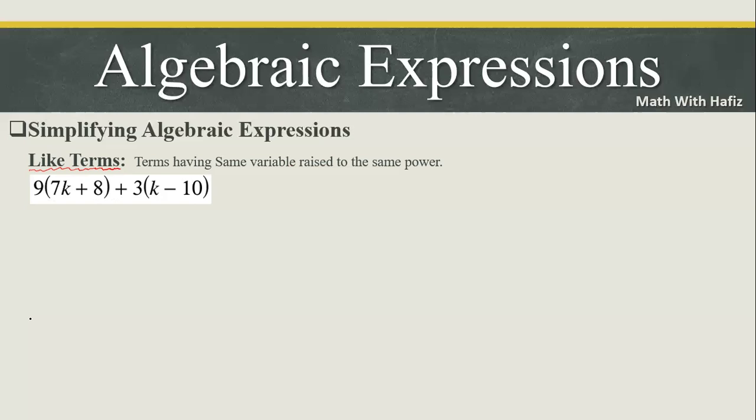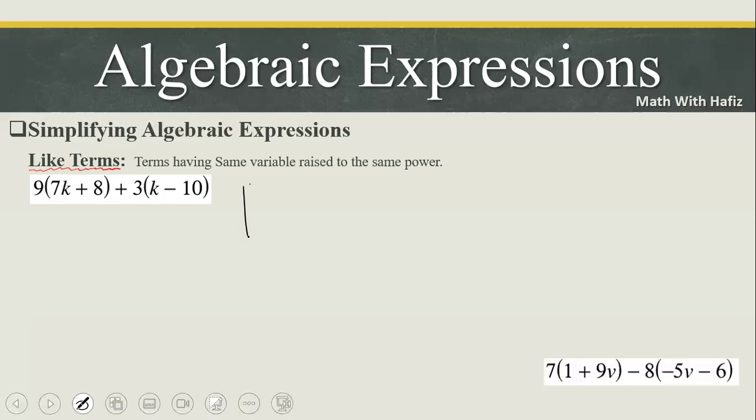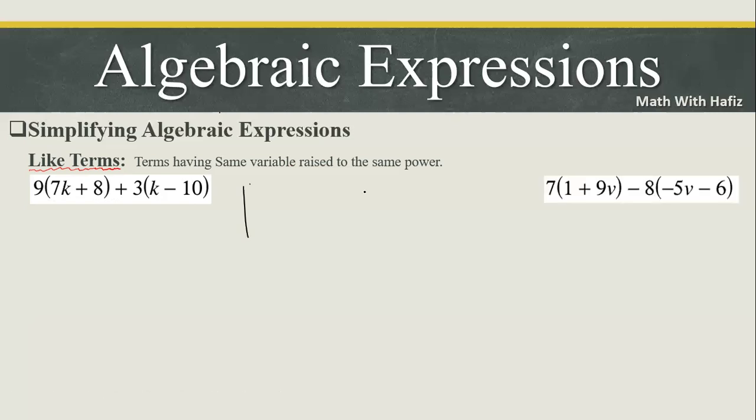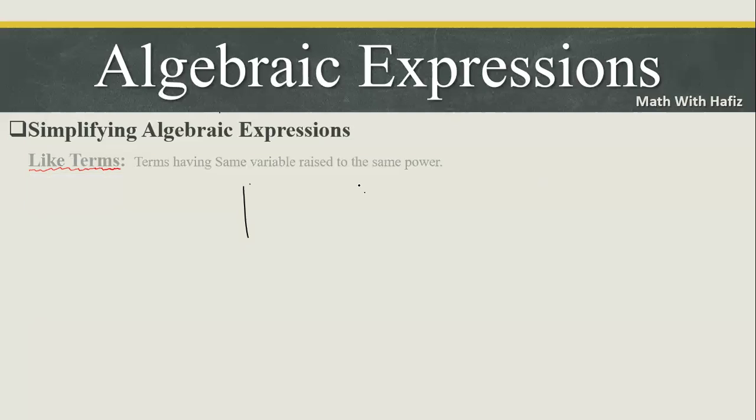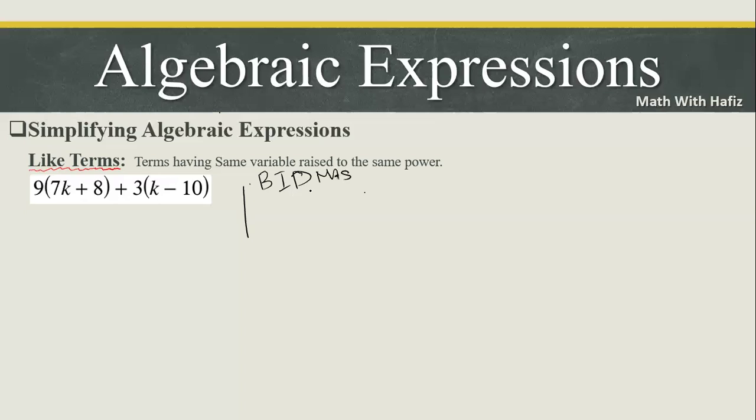As I mentioned before, if you want to simplify any algebraic expression, the first thing you have to do is follow either BEDMAS or PEMDAS. It has different names, so it does not matter.